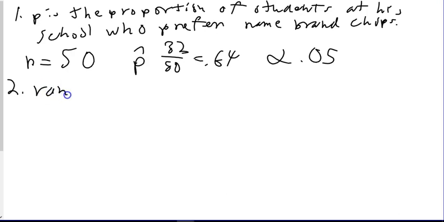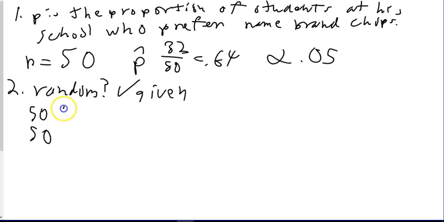Number 2, is it random? It sure is, given. In the problem in the book, you'll see that was a random survey. So, boom, that's done. Then we just do our large numbers. We're going to take 50 times our p hat of 0.64 and 50 times our 1 minus p hat, which is 0.36.